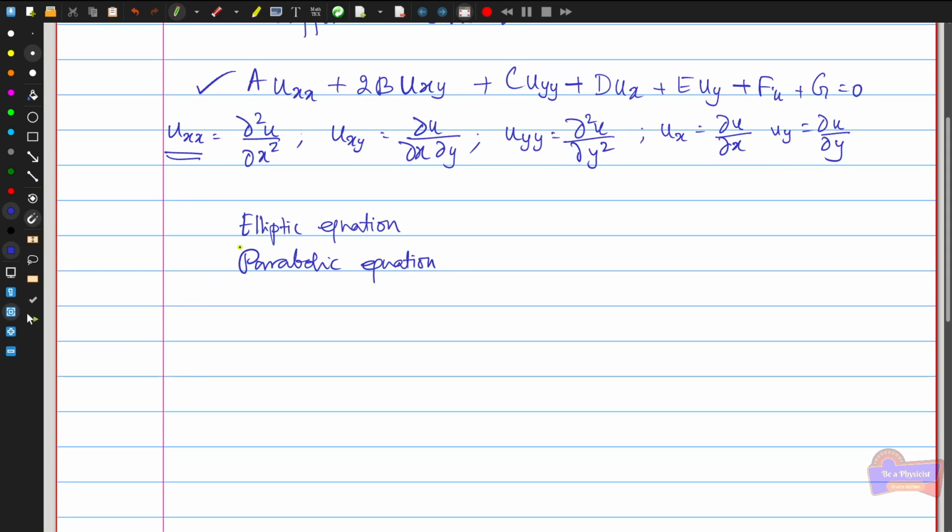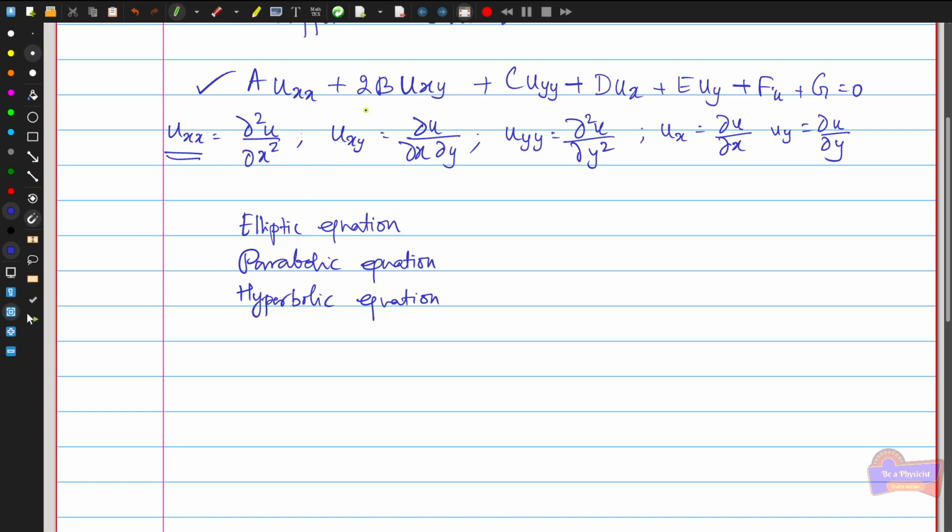And the final one is the hyperbolic equation. How the second order linear equation is classified into these three types is based on the coefficients of u_xx, u_xy, and u_yy, that is, on the values of A, B, and C.